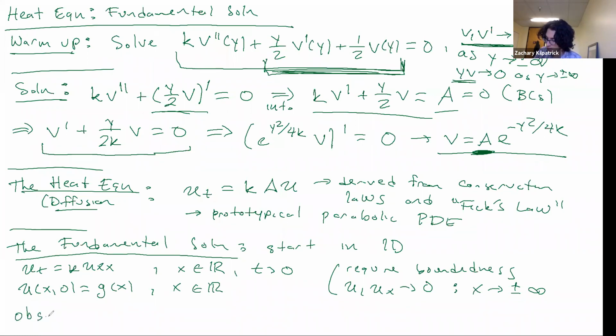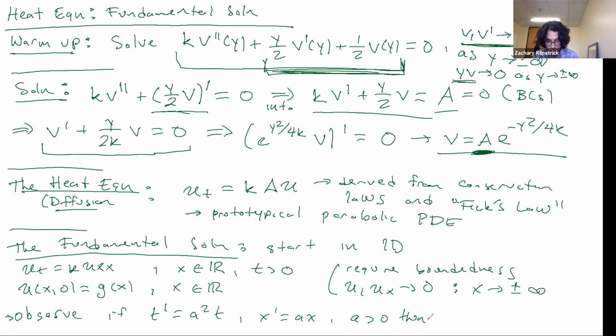And the first step in this process of getting a solution is to observe that if we make a change of variables, t' equals a squared t, and x' equals a x, for some constant a greater than 0, then I make the following changes of variables to the operators.